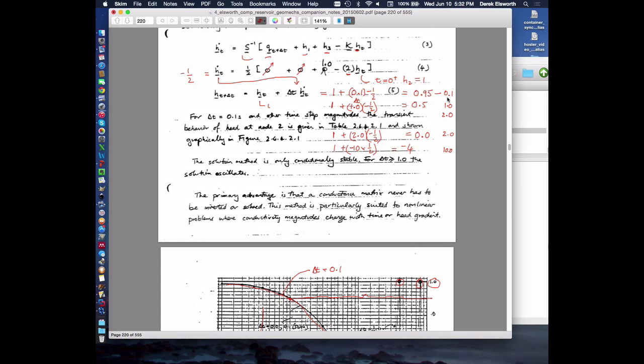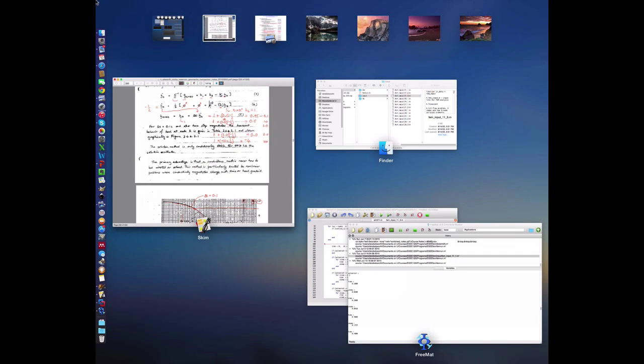No, we did it for 0.1, and the first value is 0.95. So this is 0.05, right? If we subtract 1 from that, which you did for the other one. So if we do it for a value of 1, let's try that.